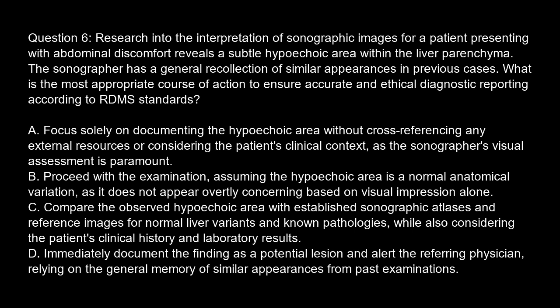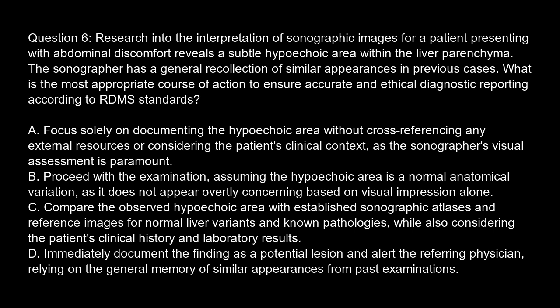Option A. Focus solely on documenting the hypoechoic area without cross-referencing any external resources or considering the patient's clinical context, as the sonographer's visual assessment is paramount. Option B. Proceed with the examination, assuming the hypoechoic area is a normal anatomical variation, as it does not appear overtly concerning based on visual impression alone.